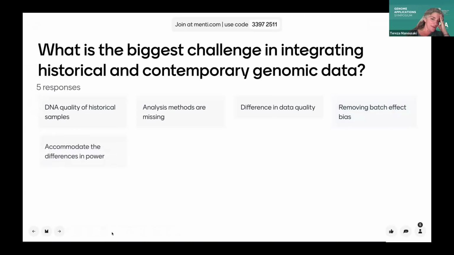Missing analysis methods is a problem in every scientific publication. This is exactly what we're also working on now compared to older generations. Numerical method.